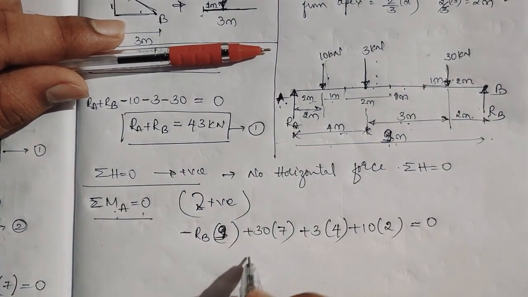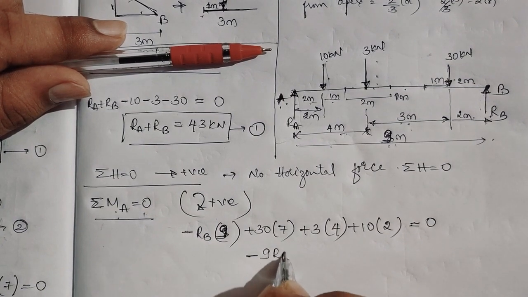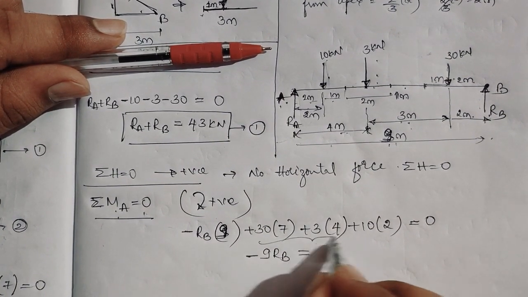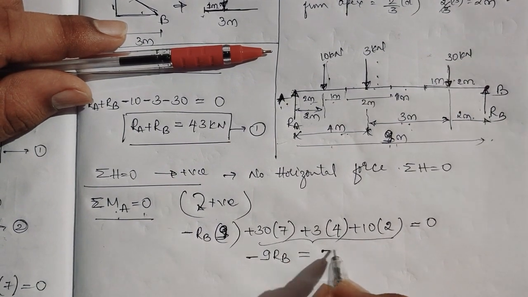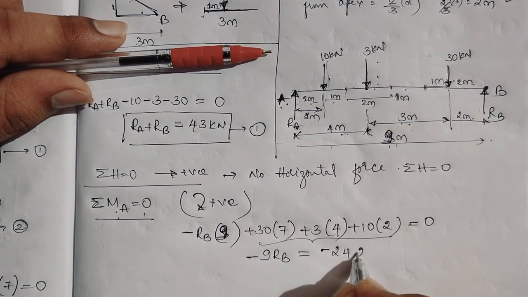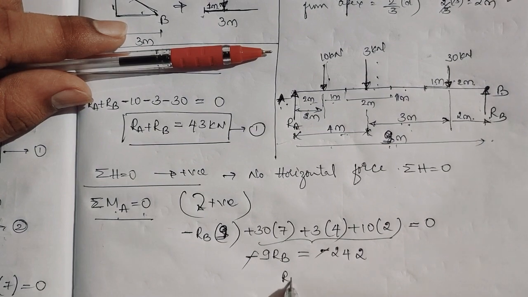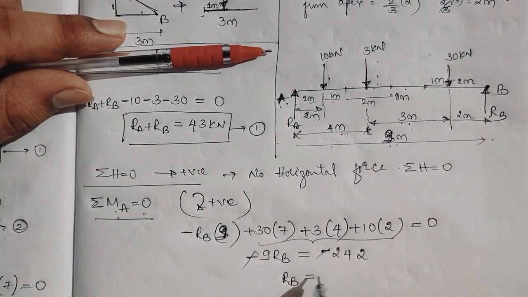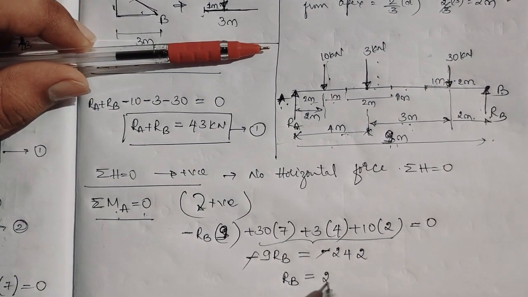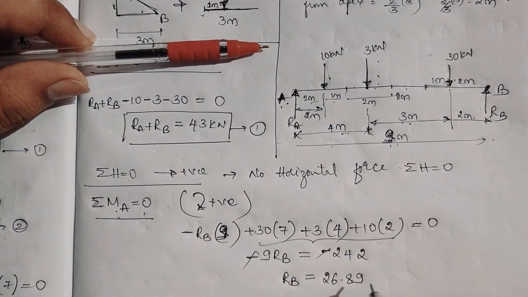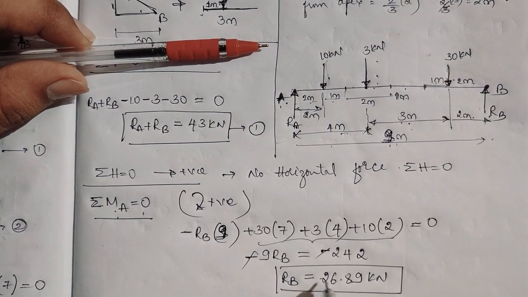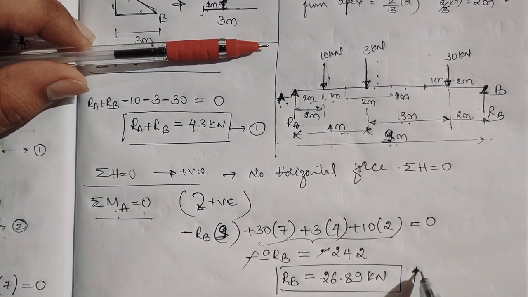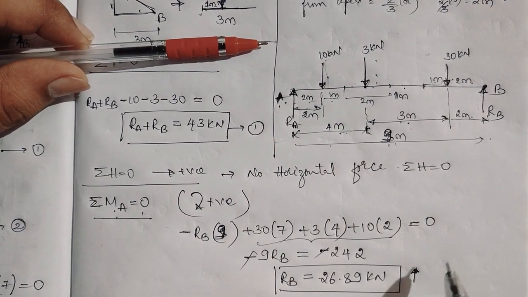Okay, so minus 9 RB is equal to, I will send all these plus terms to the other side. When sent to the other side, it will be minus 242. So minus minus cancels. RB is equal to 26.89 kilonewton, and it is positive, so our assumption is right, that it is upwards.